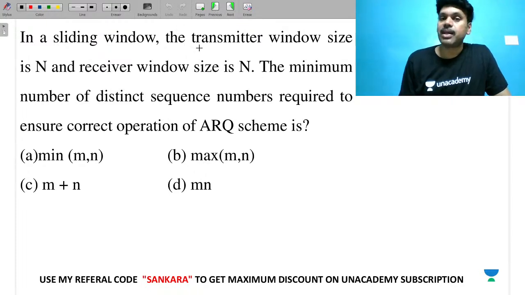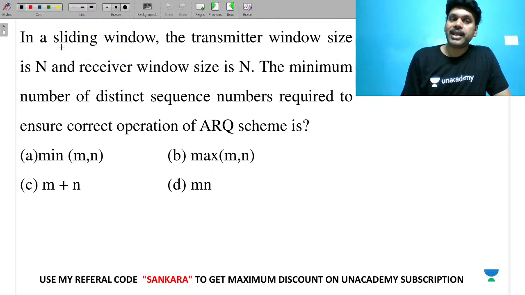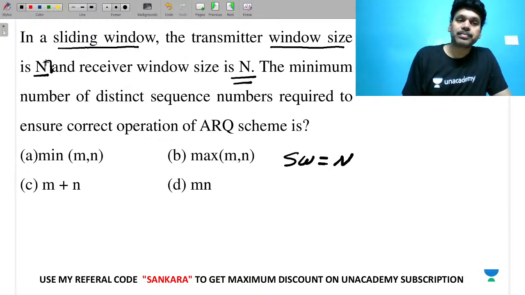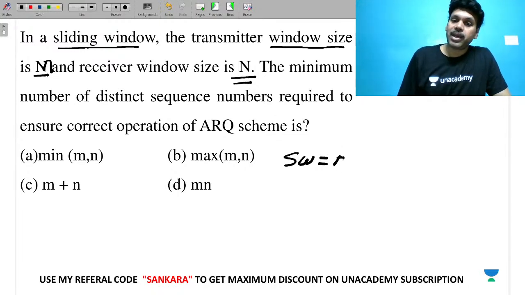Now let us see another question. In sliding window, the transmitter window size is n. Transmitter means sender. Sender window size is equal to n, and receiver window size is also, let us say, m. So one is m and the other is n.